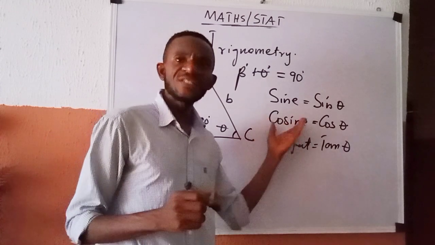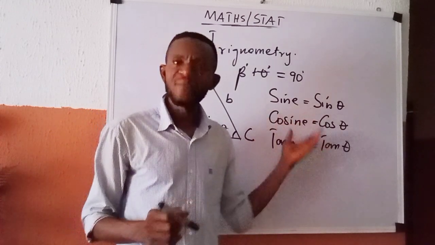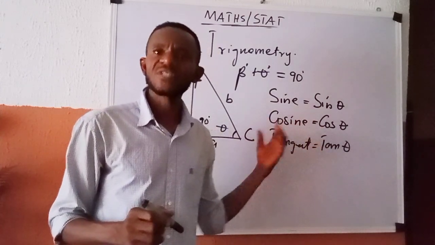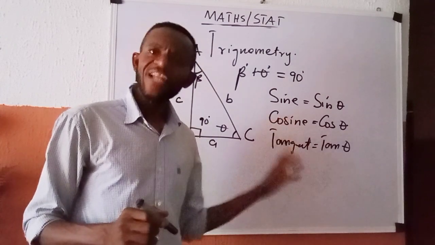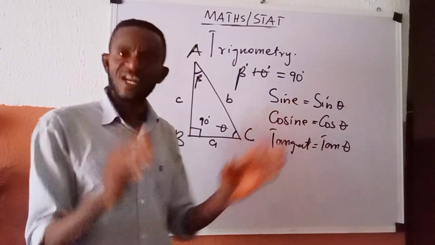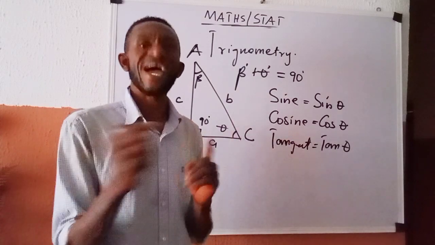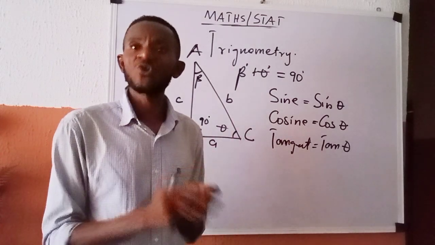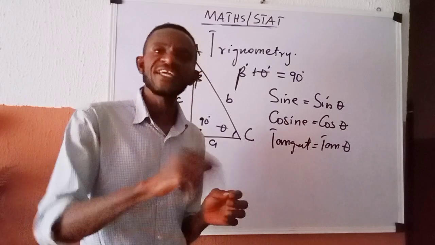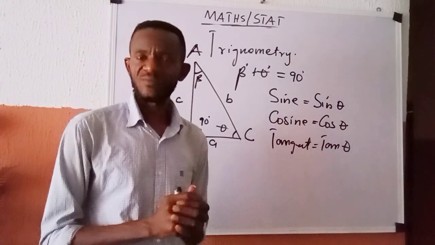What are these three basic trigonometric functions telling us about? They are telling us the nature of the relationship that exists between the length of the sides of the triangle and the angle contained inside that triangle.